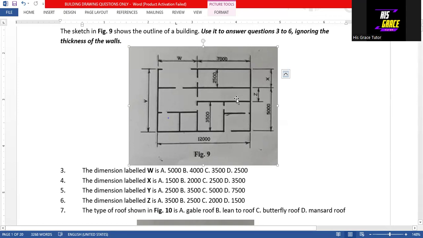If we subtract 6,000 from 7,500, which is the total distance, that gives us 1,500. So option D is the answer to question 6.